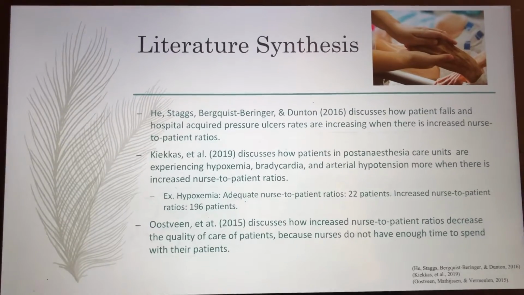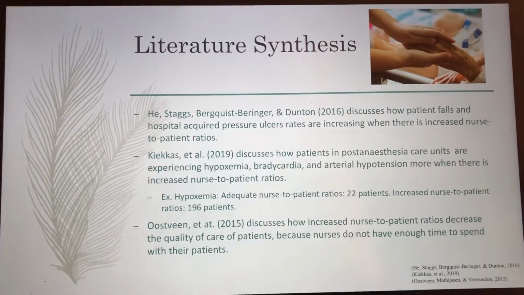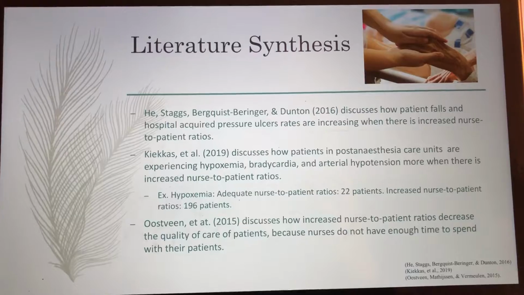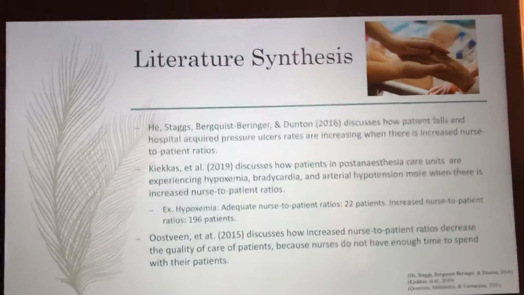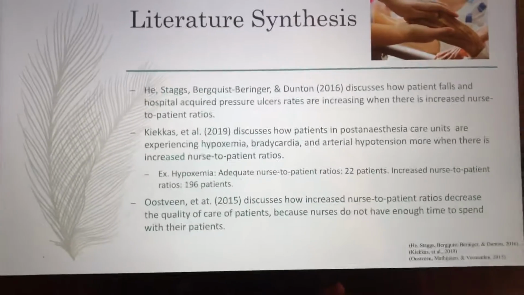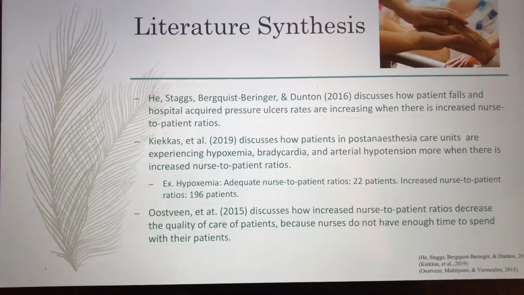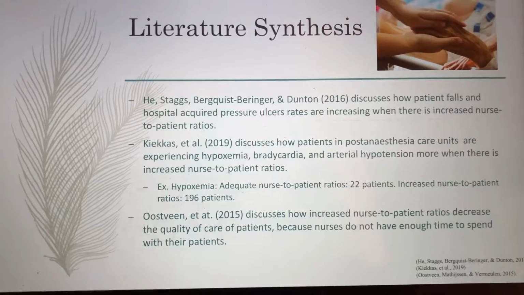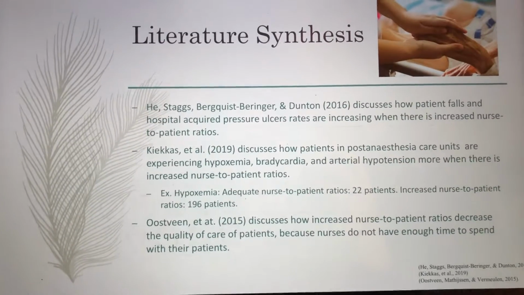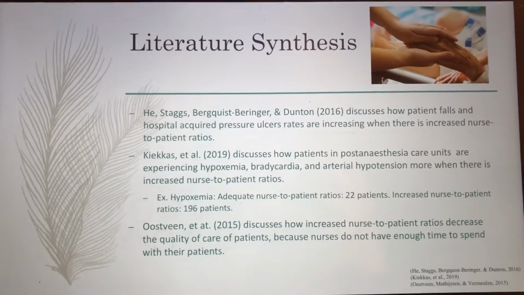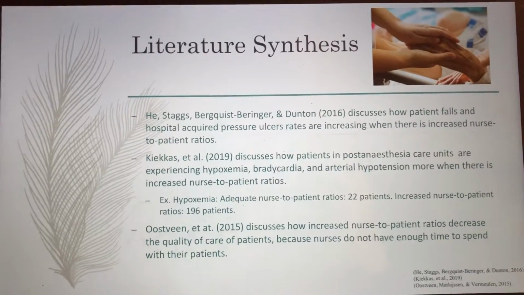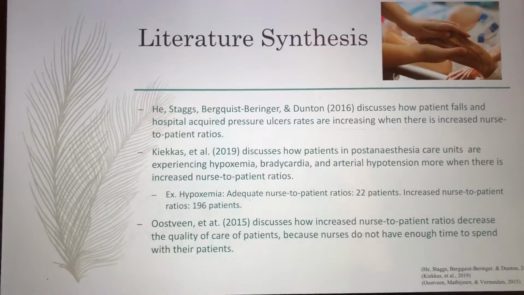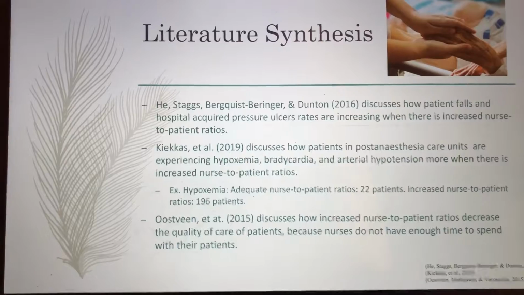Then I went in to look at this study done by He, and this discussed more so, instead of mortality, just poor patient outcomes in general, about how patient falls and hospital-acquired pressure ulcer rates are increasing when there's increased nurse-to-patient ratios, because the nurses are not having enough time to be with their patients, reposition them, take them to the bathroom, things like that.